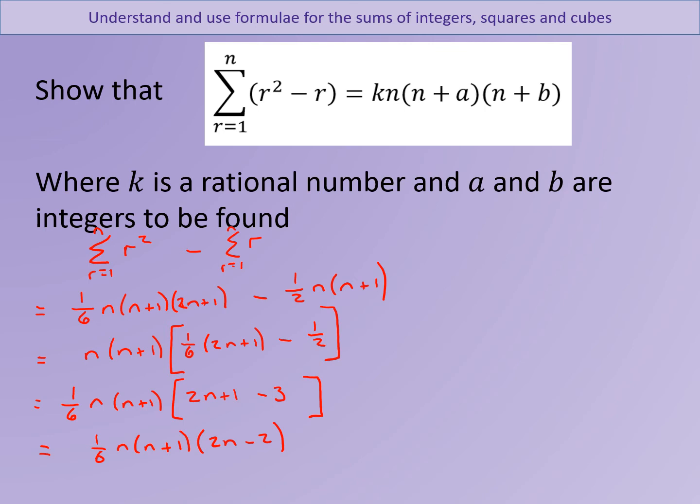So we're going to make it 2 sixths n plus 1. The second bracket is now n minus 1. 2 sixths simplifies down to 1/3. So we are left with 1/3 n plus 1 n minus 1. So we can see that k is 1/3, a is 1, and b is minus 1.